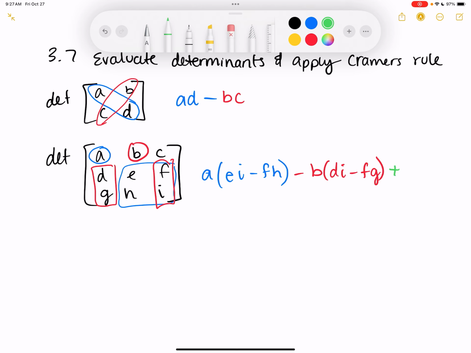What you're going to notice is these signs alternate. It still follows that pattern, but if a number up here is negative or positive, it might change the sign potentially. And then the last one is C times the determinant of that, which would be DH minus EG.